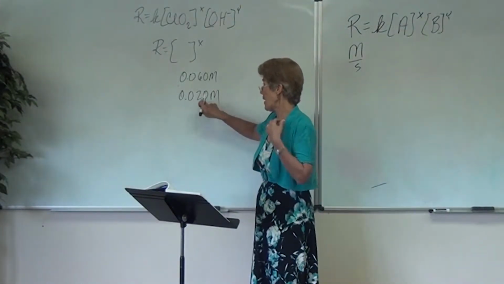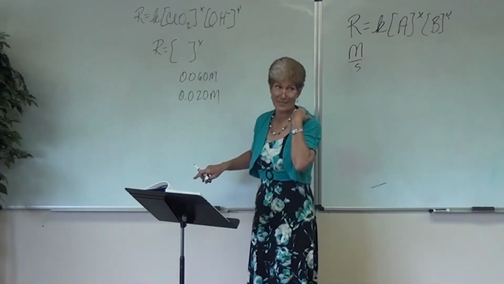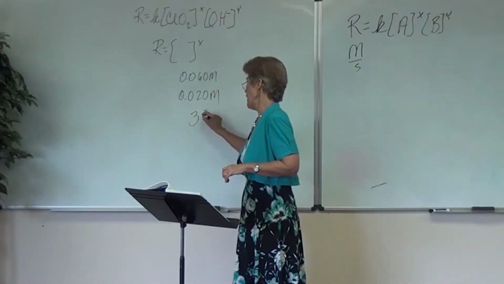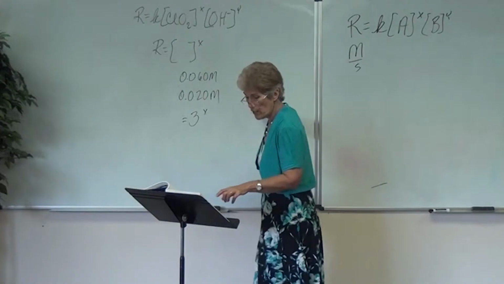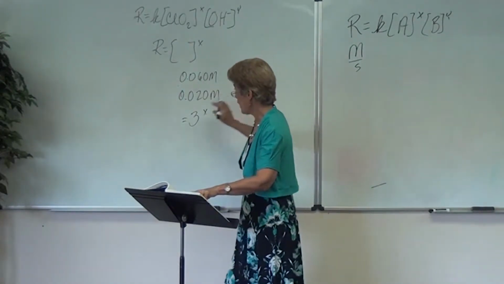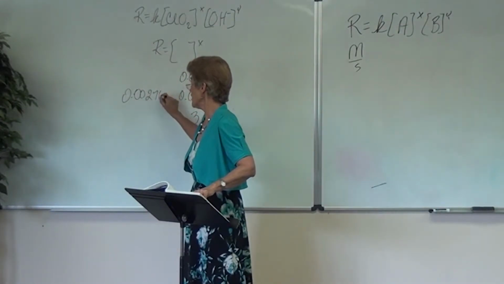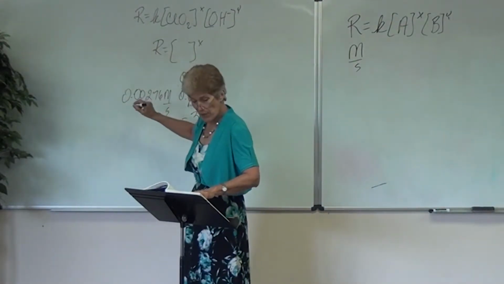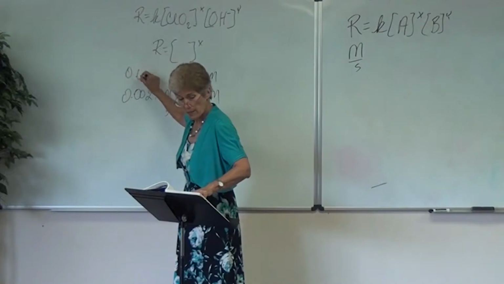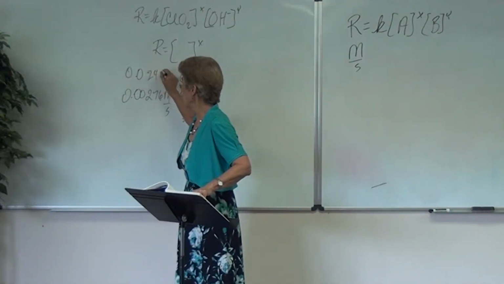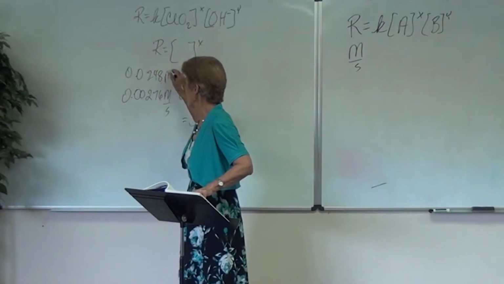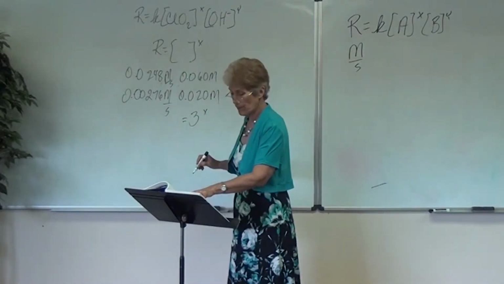So what do I have to multiply that by to get to that? 3. So I've got 3 to the X equals, and I'm going to take the second one. So the second one is 0.00276 molar per second. And then the first one is 0.0248 molar per second. Okay?